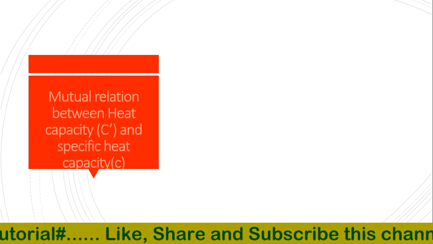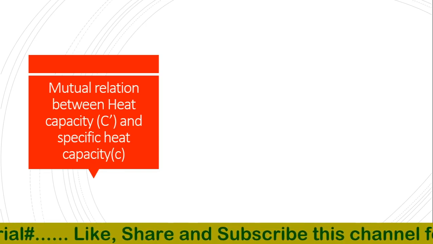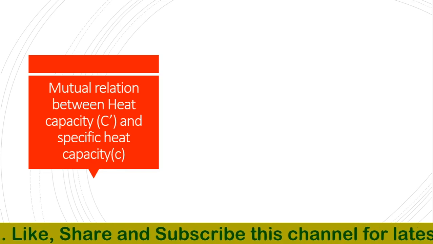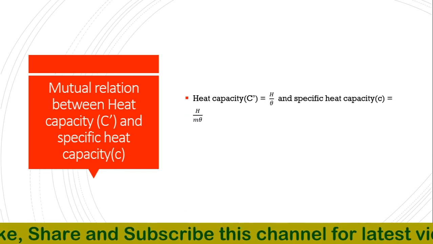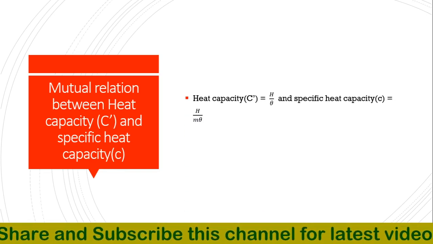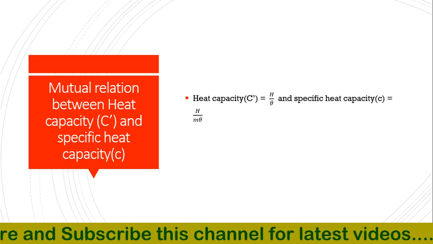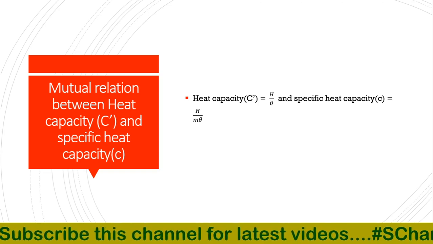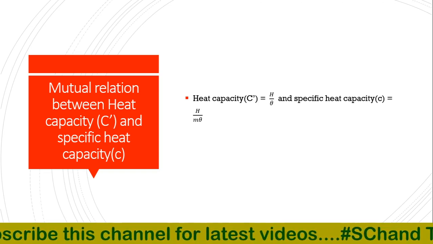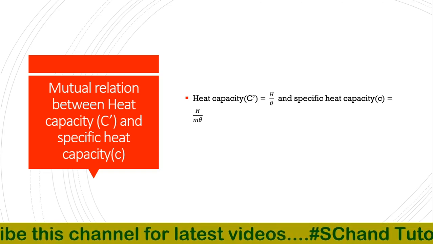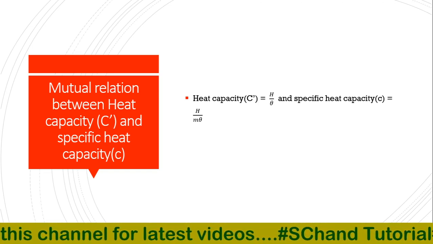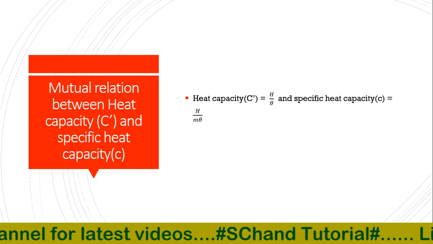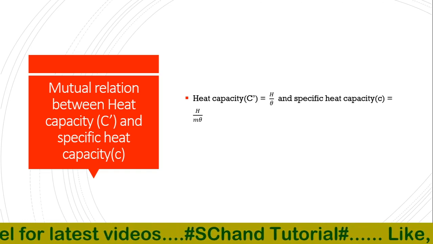So what is the relation between specific heat capacity and heat capacity? For heat capacity we know the formula H over theta, and specific heat capacity is equal to H over m theta, because H is equal to m c theta and c will be equal to H over m theta, which we already know from the formula. So H over theta is equal to C dash.